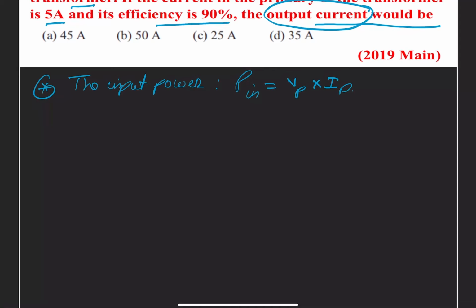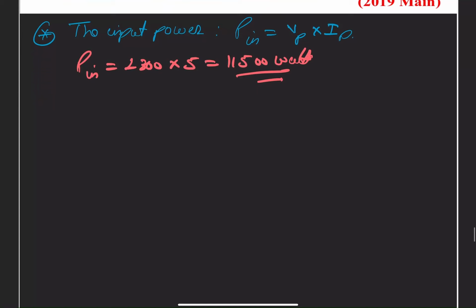So P input is equal to 2300 multiplied by 5 ampere, which comes close to 11,500 watts. And we can now find the output power because of the efficiency given to us.